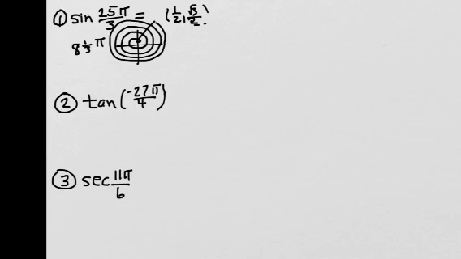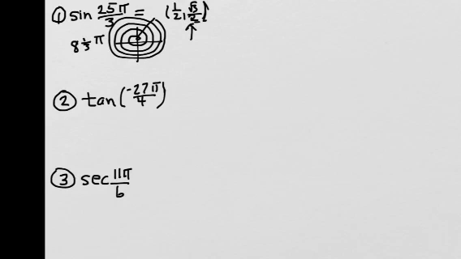And that just comes from the unit circle. Nothing different. It's the unit circle. And so the sine is the y coordinate. So sine of 25 pi over 3 is radical 3 over 2.